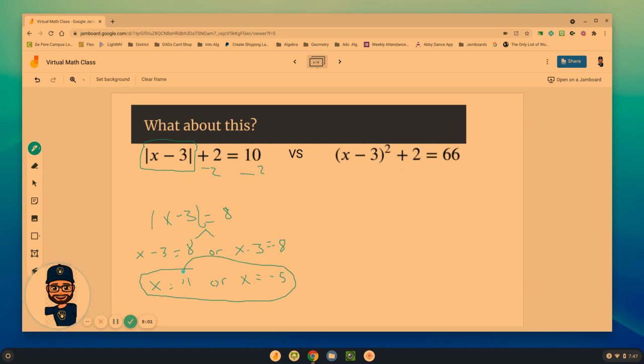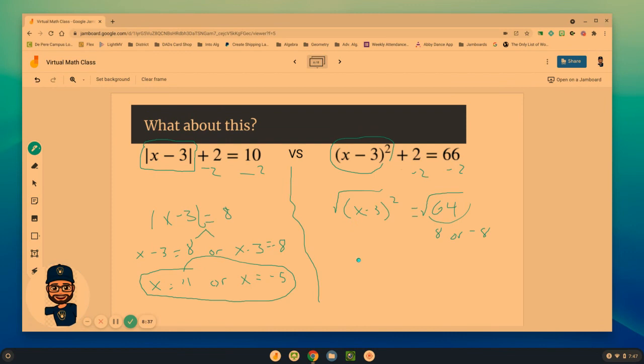But let's see how that might compare to the squared quadratics. Same type of setup. I can't touch anything here. Let me put something around that until I get rid of the 2. So we subtract 2. (x minus 3) quantity squared equals 64. And now we can take the square root of both sides. In doing so, remember that this is 8 or it's negative 8.